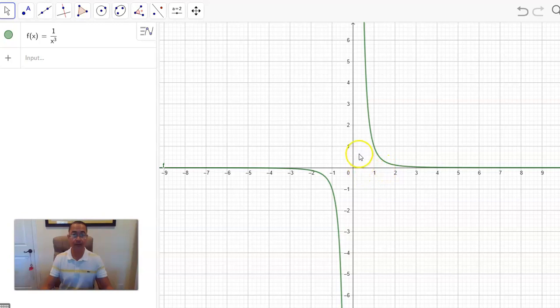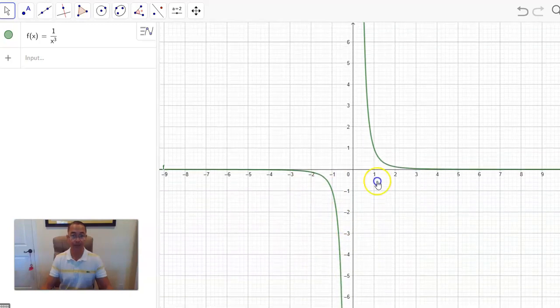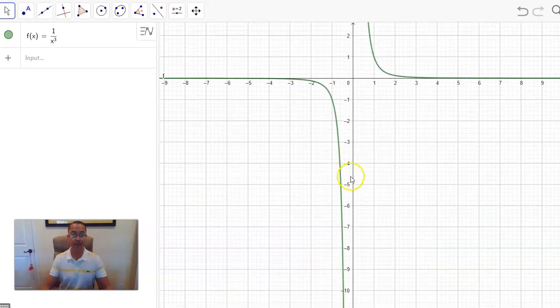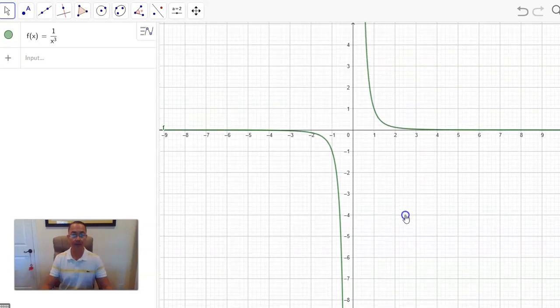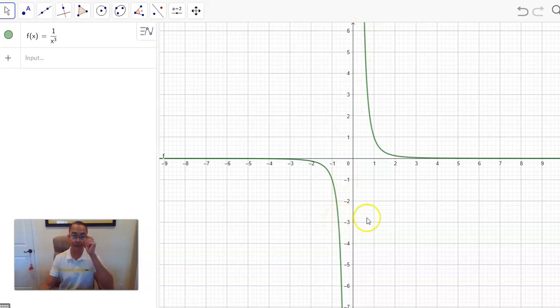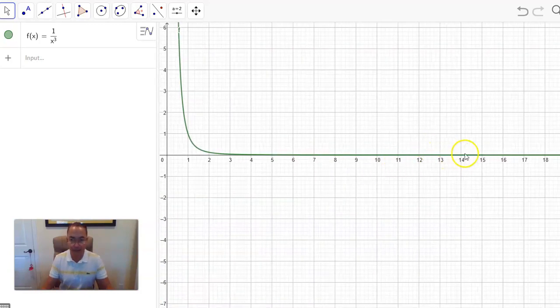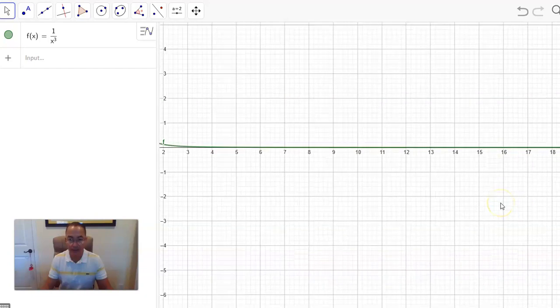From the right, we are getting very, very large positive numbers, but coming from the left, we are getting very, very large negative numbers. So we're going to get a limit of plus infinity from the right and minus infinity from the left. Now as x gets bigger and bigger as we go further to the right, the graph is pretty much hugging the x-axis.